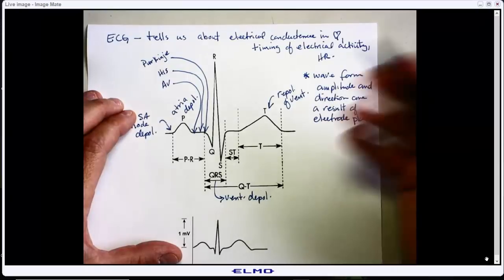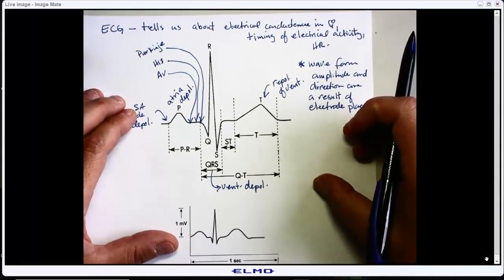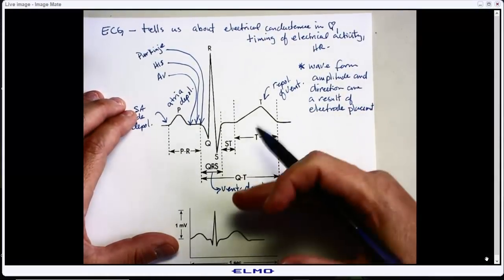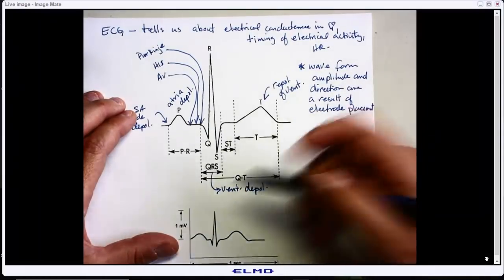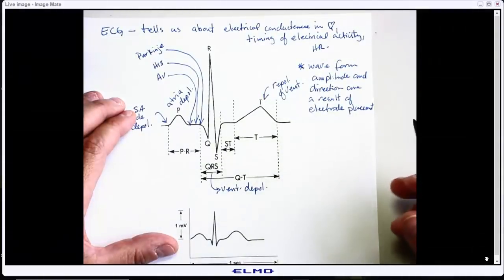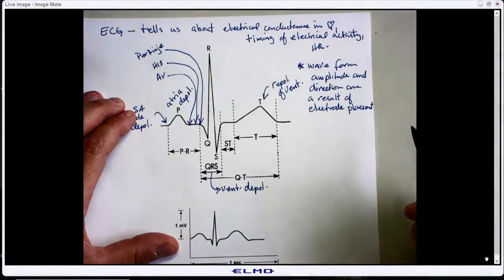Okay, so that's just where the electrodes were. That's why you can't really compare ECGs from one hospital visit to another, because they take the electrodes off and put them on again.